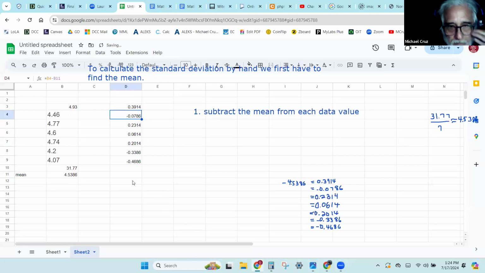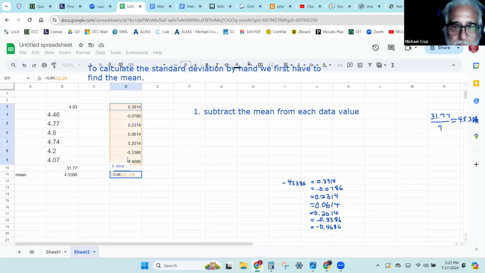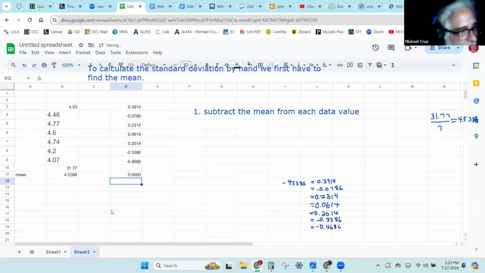All right, so just to show you, and this is why math can sometimes be fun, if we sum all these up, we know we are right because they all add up to 0, because the standard deviation is about the distance from the mean. Half will be on one side, half on the other. That's why they get that nice bell-shaped thing.